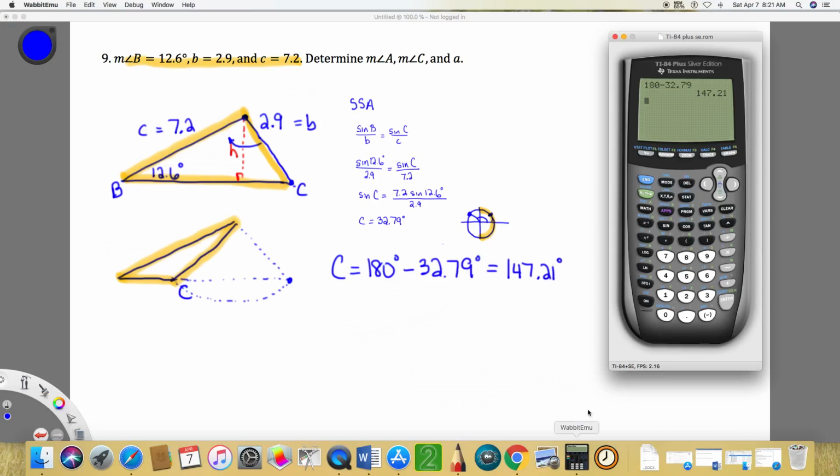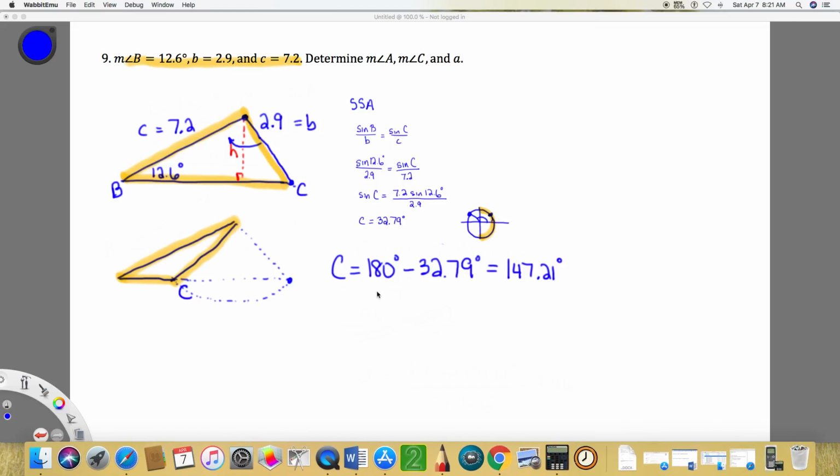So I claim that if we take the sine of that 32.79 and compare this ratio of 0.54 against the sine of 147.21, they're the same ratio. It's the same number. So let's continue then.